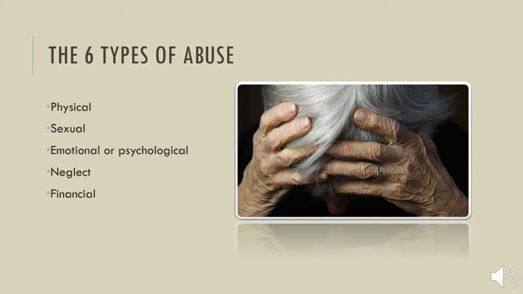This refers to verbal or nonverbal behaviors that inflict anguish, mental pain, fear, or distress on an older adult. Examples include name-calling, humiliating, destroying property, or not letting the older adult see their friends and family.